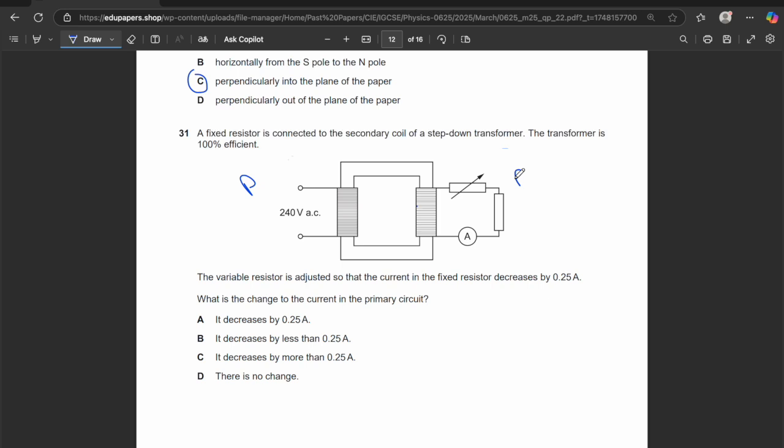So let's try some algebra. According to what we know, voltage 1 into current 1, I1, will be equal to V2 into I2.